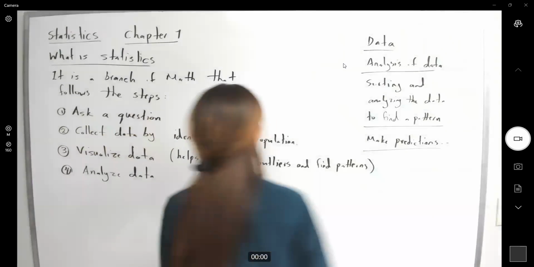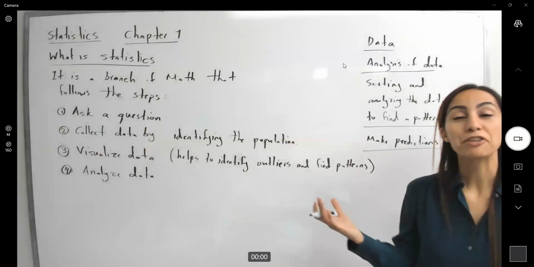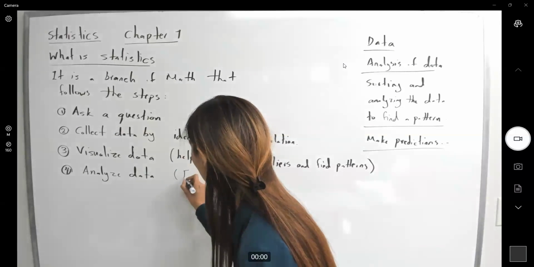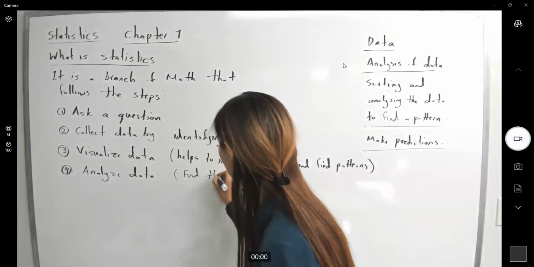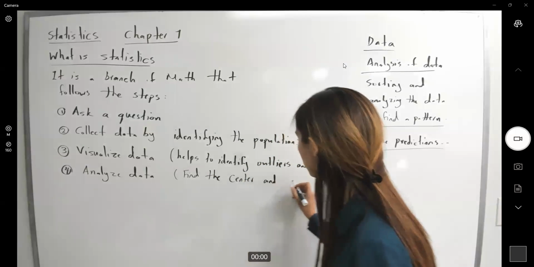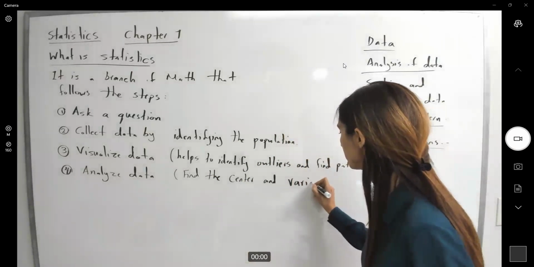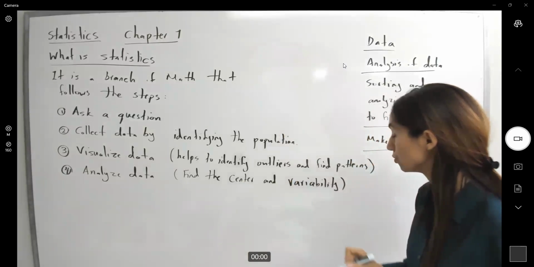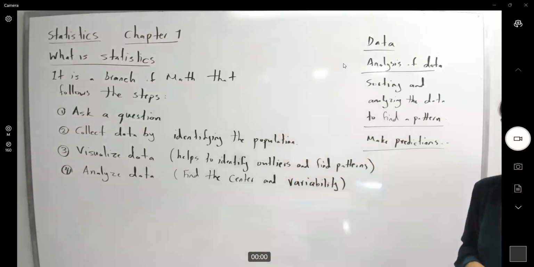I try to understand the variability in my data. Find the center and variability. These are the things that we're going to learn in this course. Okay, so far we have the descriptive part of statistics.